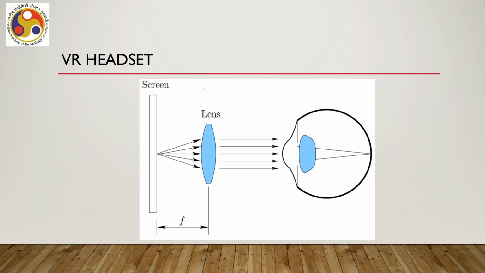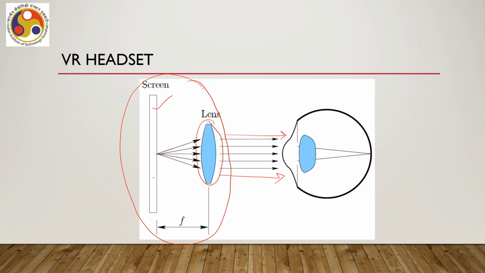So, this is the VR headset engineered lens setup, where we have the screen and we have the engineered lens, and the light from the screen passes through the engineered lens, then falls on our eye, and then normal eye operation takes over.